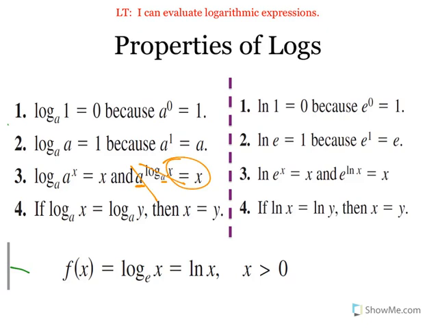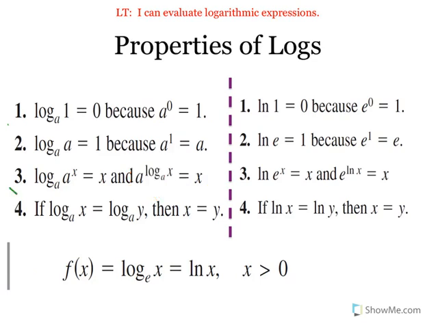You are not canceling anything out. That is just kind of a visual way of seeing if the base of the exponential function is the same as its logarithmic base in the exponent, then I can ignore what's happening here and say this is my answer. Whatever x is my answer. Okay?